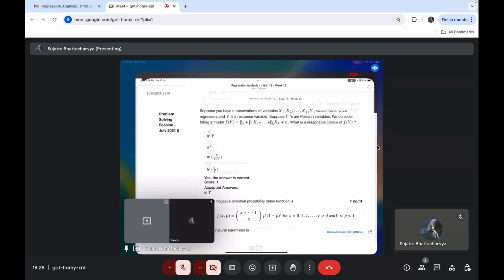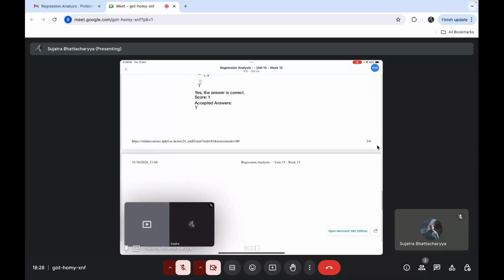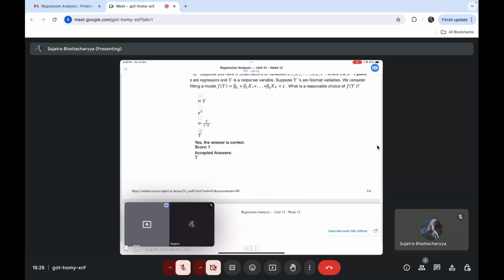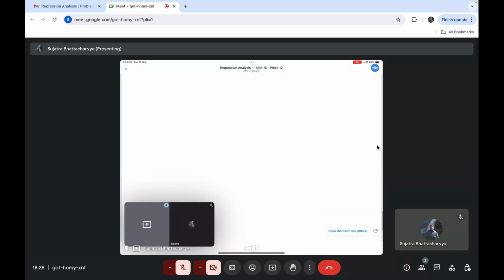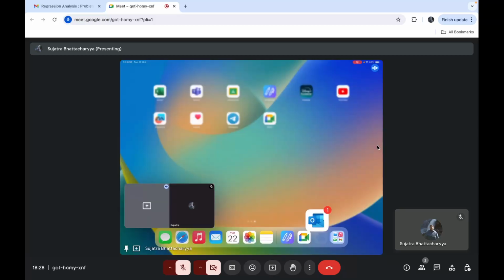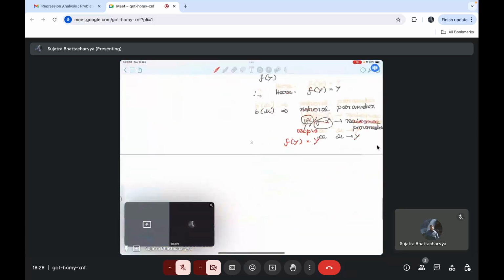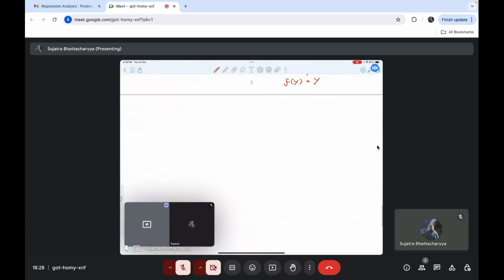So with this, we have come to the end. This is the accepted answer. So that's all. This is the week 12 assignment. We have solved all the questions. It is based completely on the exponential family of distributions, canonical form, and the generalized linear model part. We have discussed most of the things.